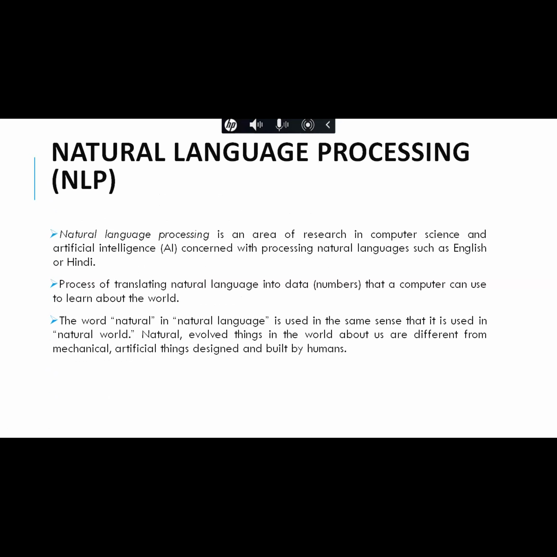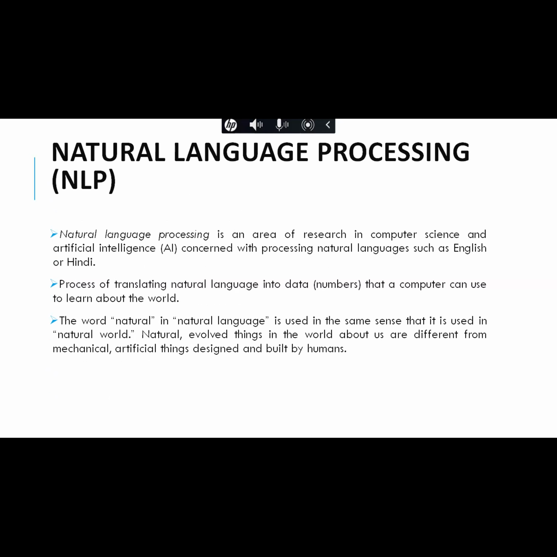NLP, or natural language processing, is a branch of artificial intelligence that deals with understanding and generating natural languages such as English, Spanish, or Chinese. NLP applications include speech recognition, sentiment analysis, machine translation, chatbots, and more.